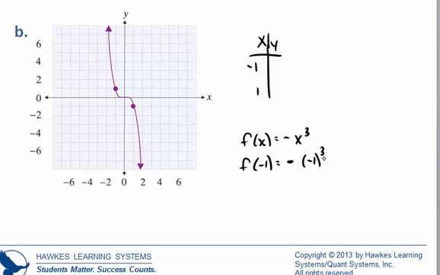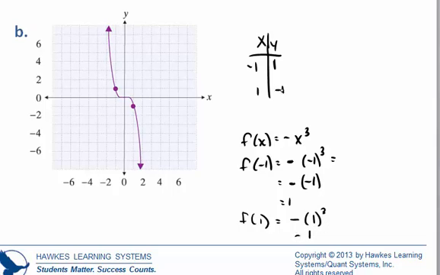So -1 to the 3rd would be -1. And then we're going to have a negative on the outside, making that +1. Then we're going to do the same thing for f of +1. We would have -1 to the 3rd. 1 to the 3rd is 1. And we apply the negative, we get -1.